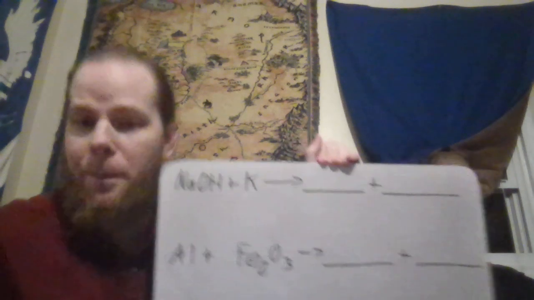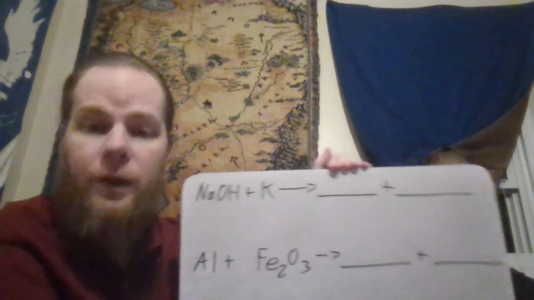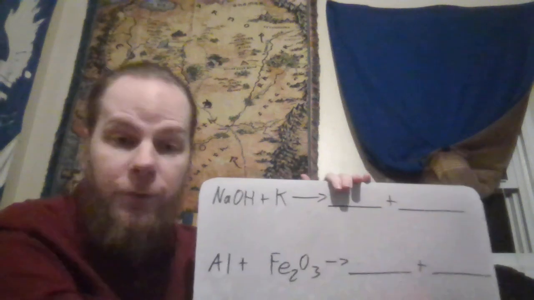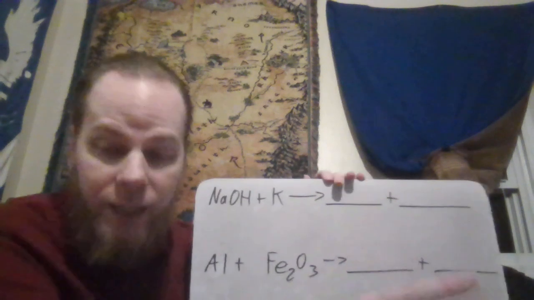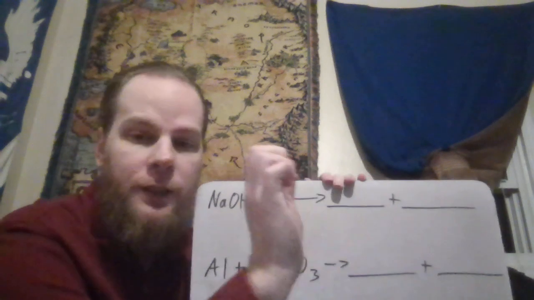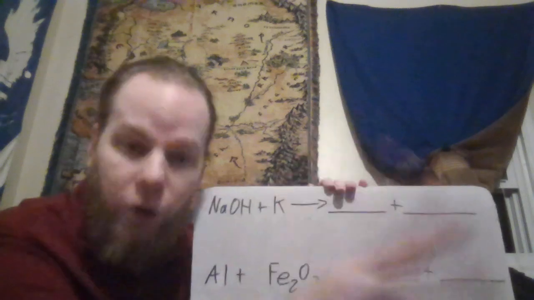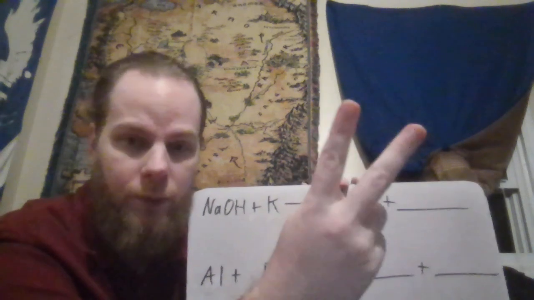All right, I am back again. We're looking at cation replacements on the back, and we need to talk about the difference between a cation and anion replacement. Okay? In a cation, well, first off, let's talk about the double replacement. In a double replacement reaction, you start with two compounds.